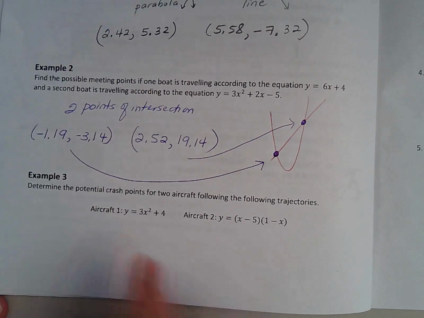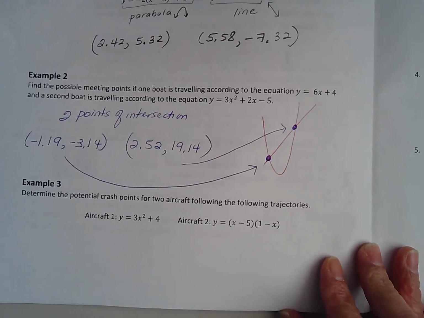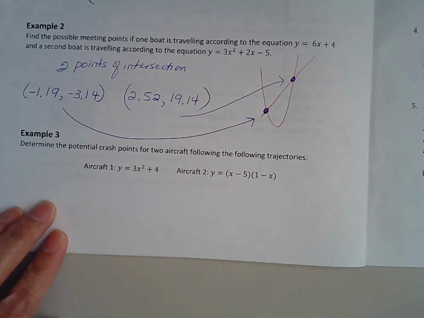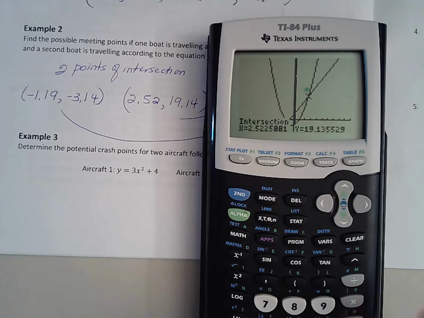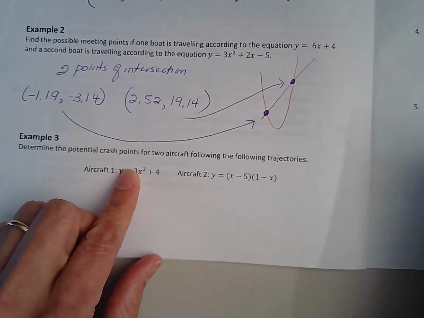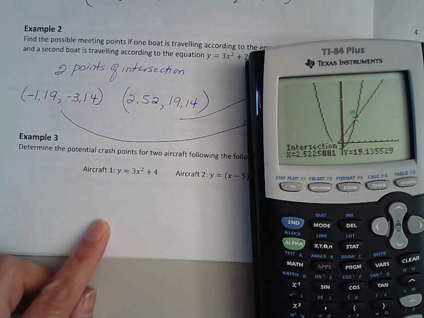Now let's take a look at example number 3. When you're starting a new question, just clear everything off. So go ahead and clear off and then enter this in y1 and y2. Go ahead and do that.